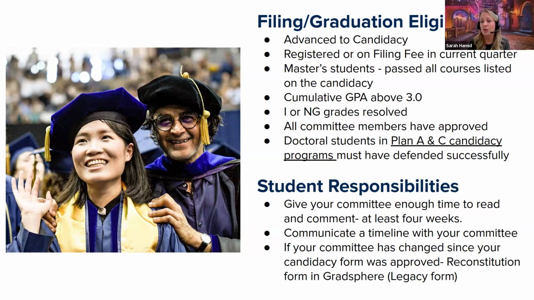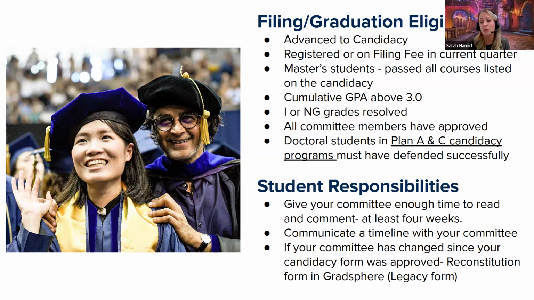Master's students, you have to make sure that you've passed all the required courses for your program and all the courses that are listed on your candidacy that you've submitted with us. So master's students need to make sure that all their courses have been passed properly with their program requirements. Every student on this call, in order to graduate, has to have a cumulative GPA of 3.0 or above.